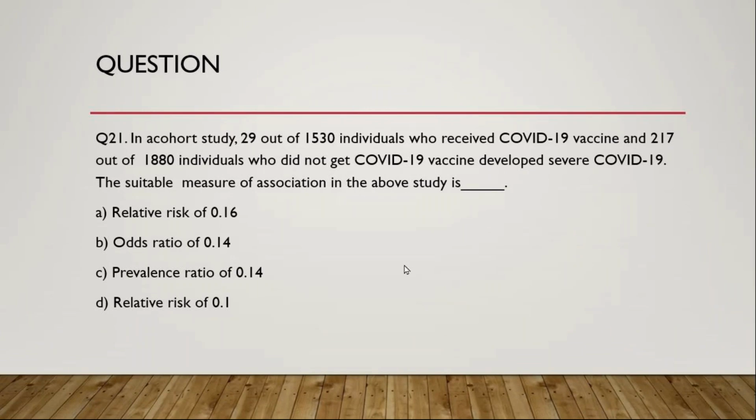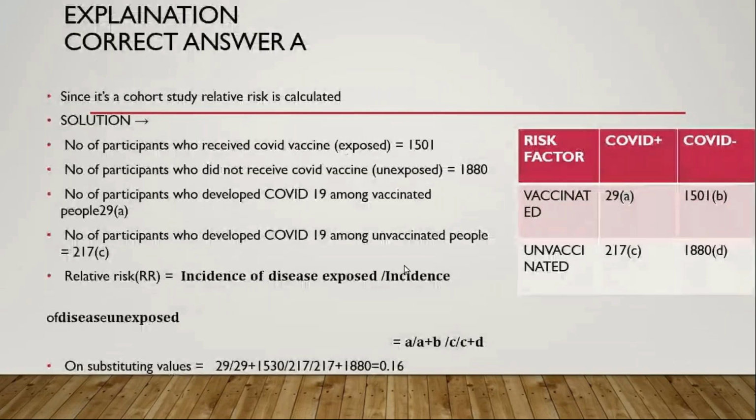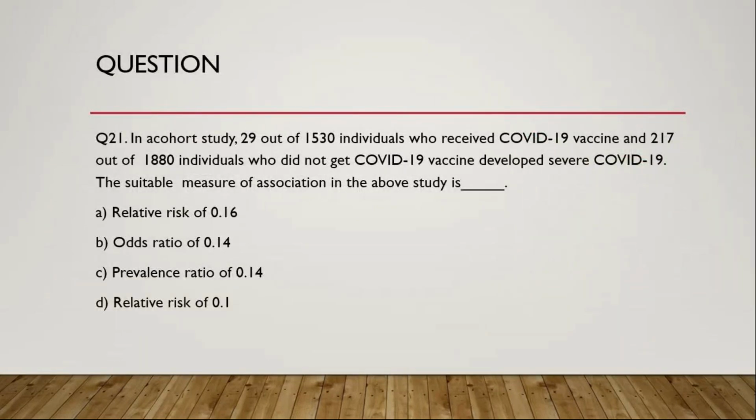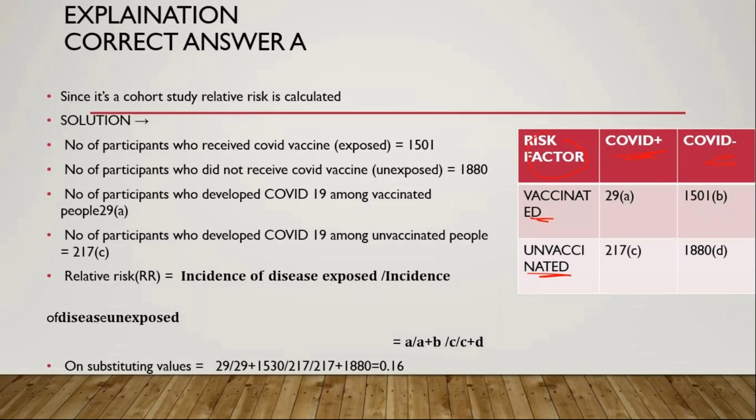Relative risk of 0.16. Yes, how have you solved the question? Make a 2 by 2 table like this. Risk factor, that is vaccinated and unvaccinated people; COVID present and COVID-19 negative. In the question it is written that 29 out of 153 individuals have received the COVID-19 vaccine. So 29 are vaccinated but COVID positive, while 153 is the total population.